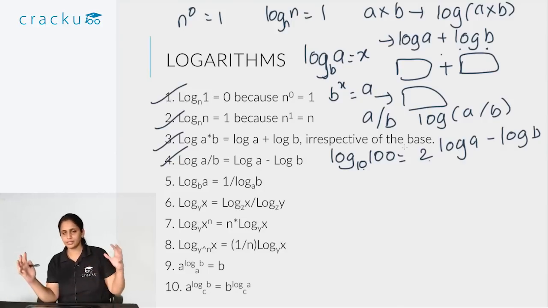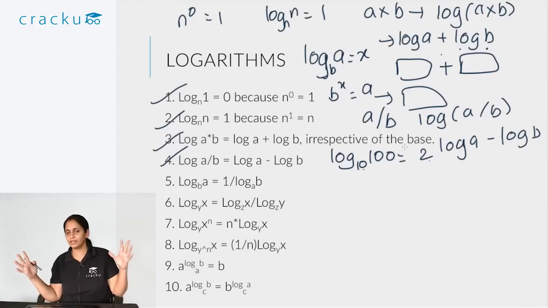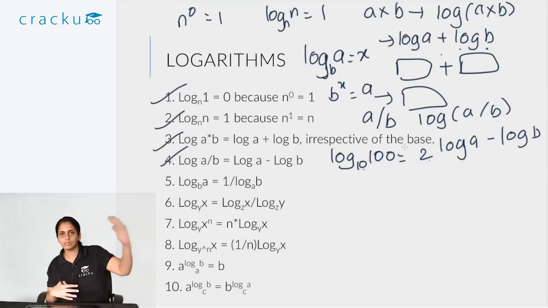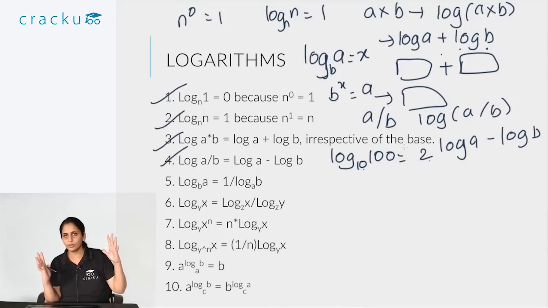I am using an exponential scale to scale a large number down. So 100 is now converted to 2, 1000 will be converted to 3, 10,000 will be converted to 4. So I am just using an exponential scale to reduce the order of magnitude.